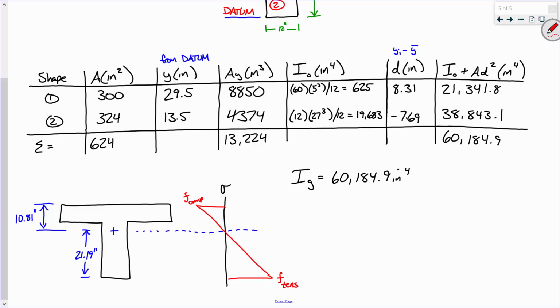Do you think this cross-section is going to see, in terms of magnitudes, larger compressive stresses or larger tensile stresses? Tensile, right? Because your bending stress profile is linear and it's farther to the tensile fiber than it is to the compressive fiber. So you're going to get more tensile stresses in the section. This is definitely a beam that at some point is going to need some rebar. All right. Sound good?